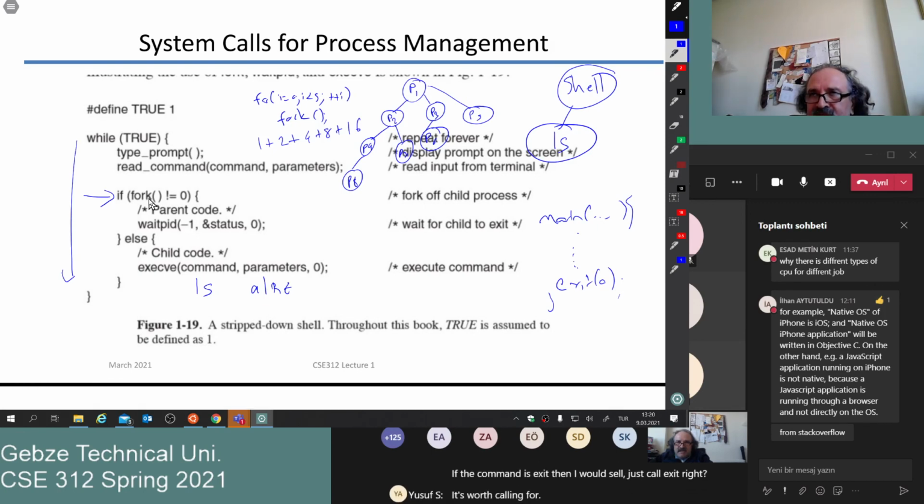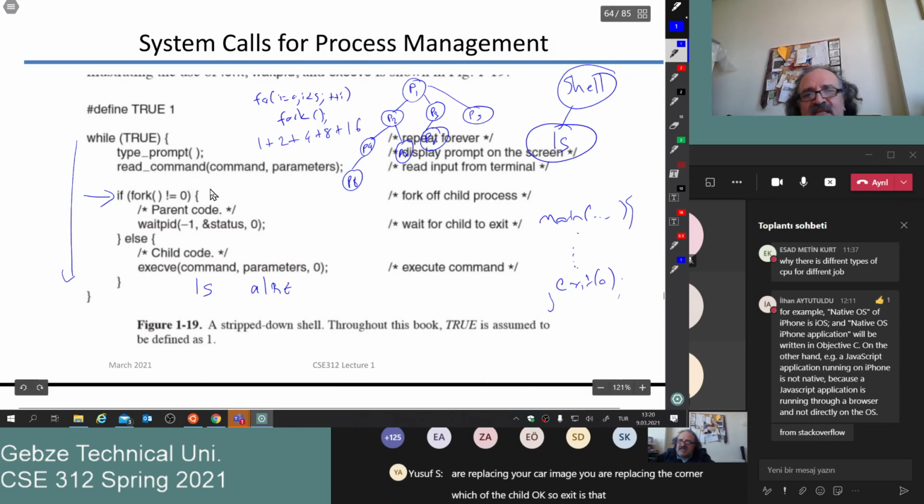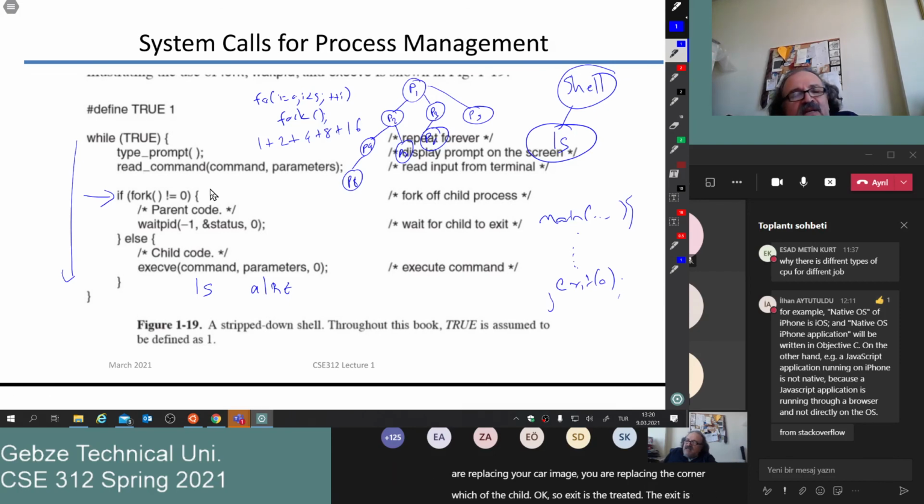Because if you are forking and replacing your core image, you are replacing the core image of the child. So exit is treated differently.